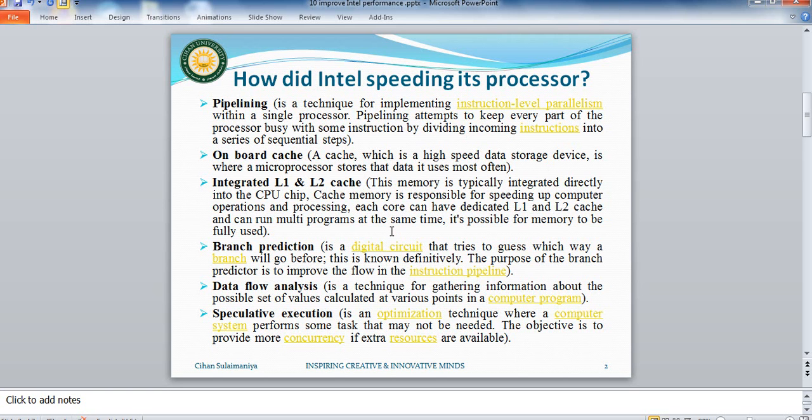Another way to speed up the processor is branch prediction. You put in a digital circuit that tries to guess which branch will go before. It is going to take the route or direction, seeing the fastest way, whenever the microprocessor goes to some address.